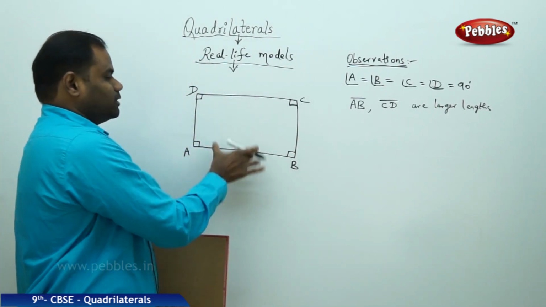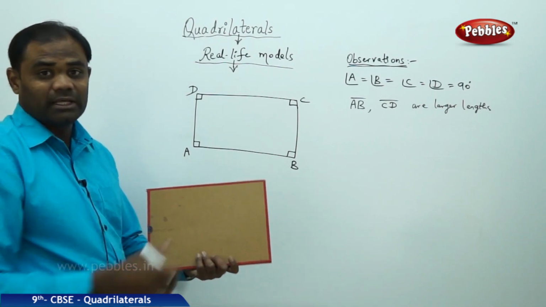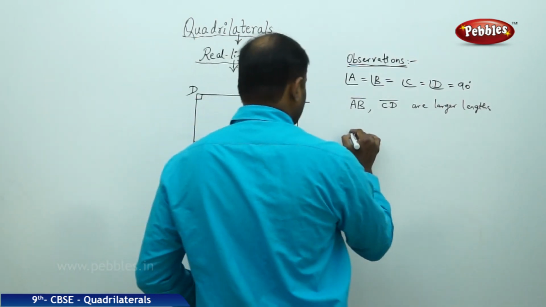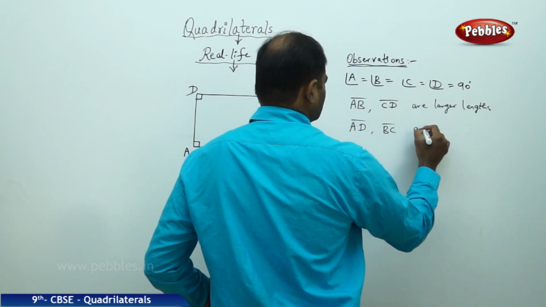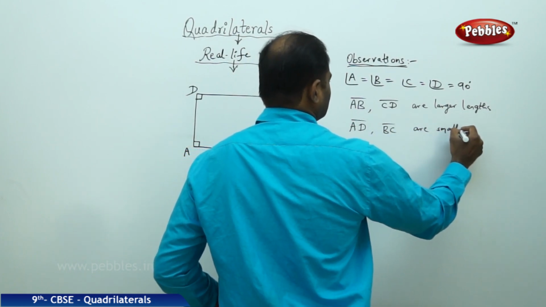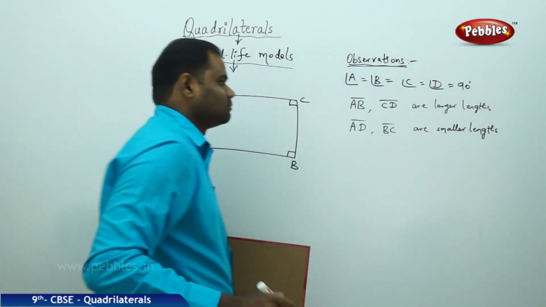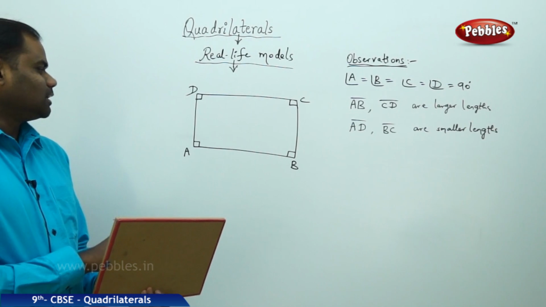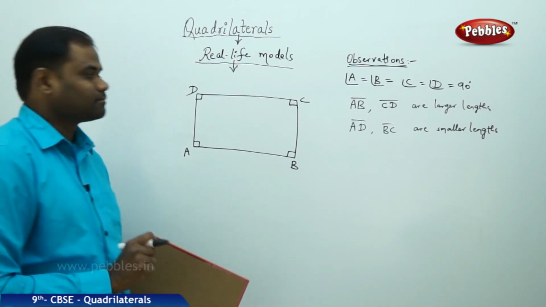These two are the larger lengths, and these two are the smaller lengths. So AB and CD are larger lengths, and AD and BC are smaller lengths.